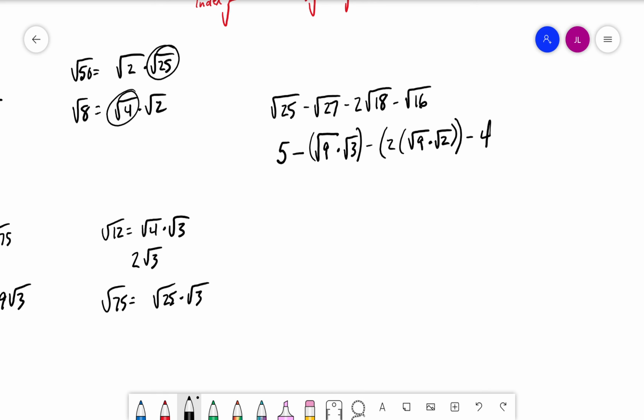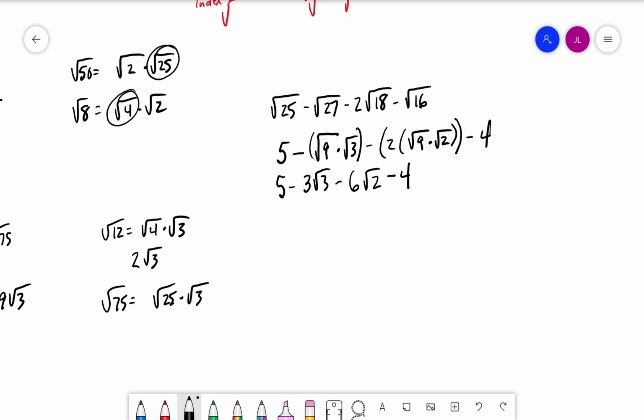So we can go ahead through these and say, okay, now we have 5 minus, the square root of 9 is 3, so we have 3 square root of 3. We don't need the parentheses anymore here. Now, the square root of 9 is 3, times 2 is 6, so it's minus 6 square root of 2, minus 4.